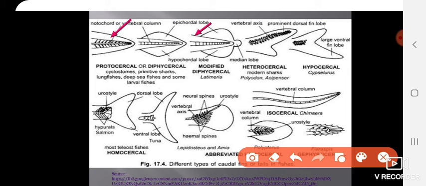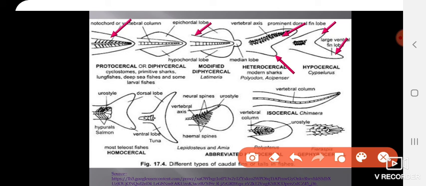Then heterocercal, with dissimilar or unequal lobes. The dorsal lobe is larger than the ventral lobe, and the vertebral column bends upward. In hypocercal, it reverses the heterocercal: the ventral lobe is larger than the dorsal lobe. The dorsal lobe is called epicaudal, the lower lobe hypocaudal.